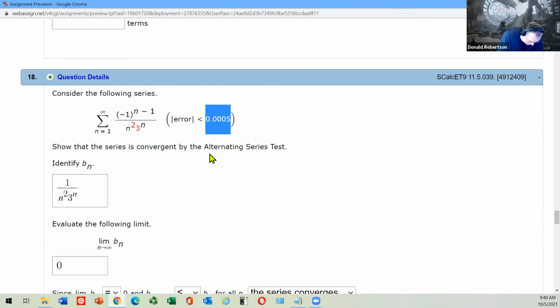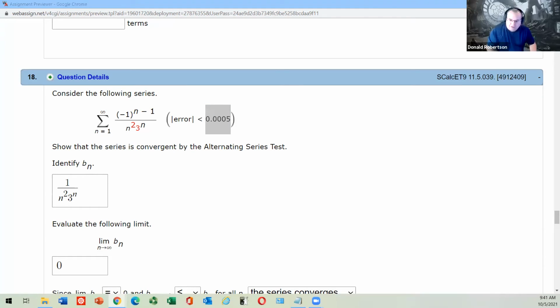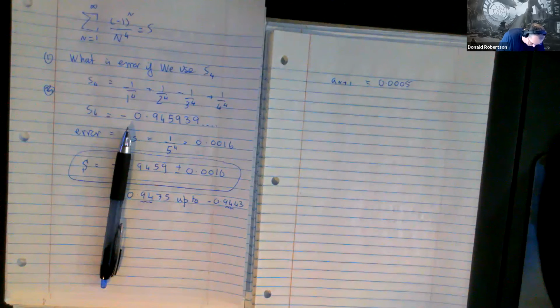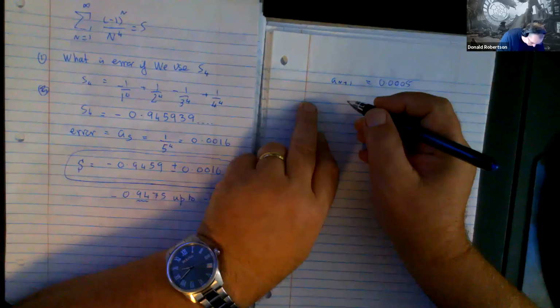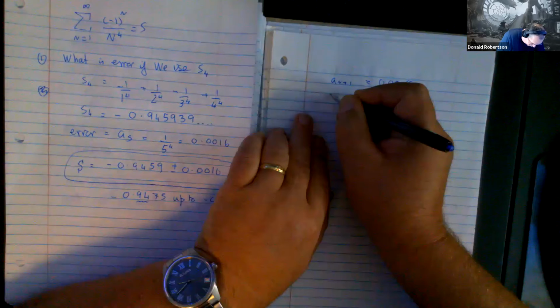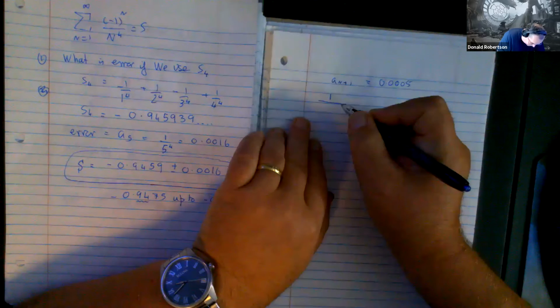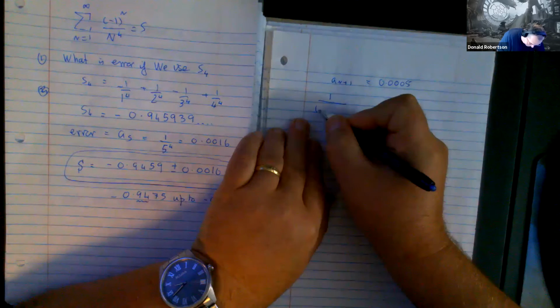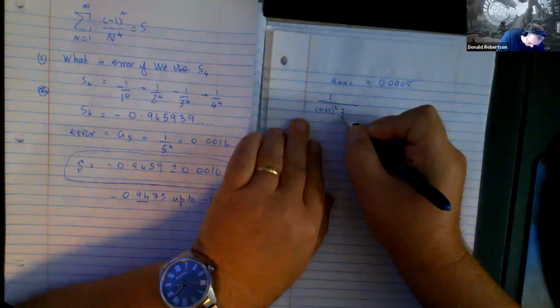Right, we need to solve the following problem. And I'm going to show you a lovely little trick. You're going to like this trick. Trust me, you're going to like this trick. Now, according to the formula, this fella is 1 over n plus 1 squared, 3 to the power of n plus 1, and it has to equal that guy.